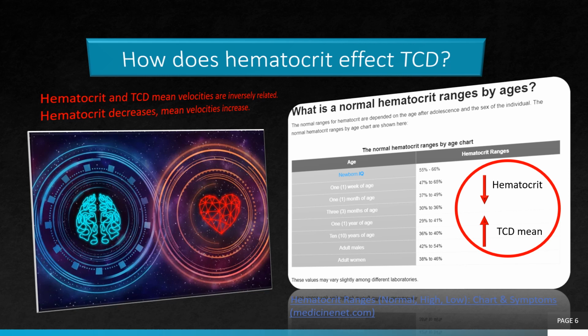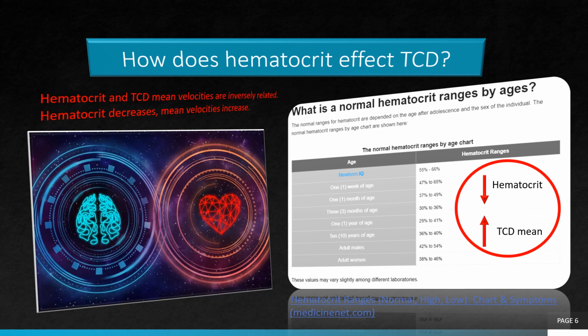Transcranial Doppler was performed on 124 anemic children aged 3 to 18, primarily with sickle cell anemia, and the goal was to determine the relative influence of age and hematocrit on intracranial blood velocities measured by TCD. So in contrast to children without anemia, the mean velocities were higher and were significantly correlated with hematocrit, but not with age.